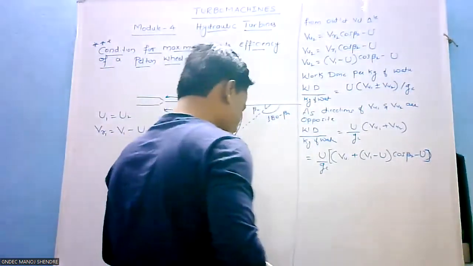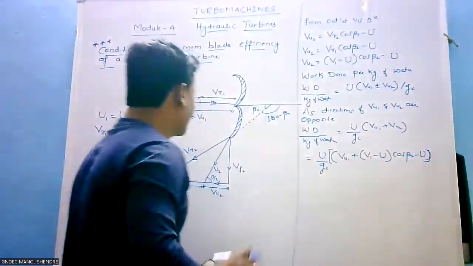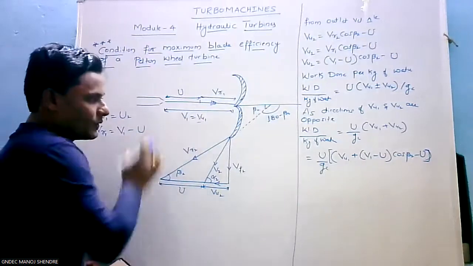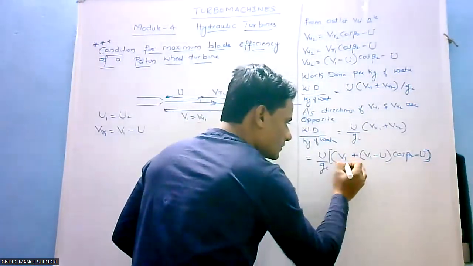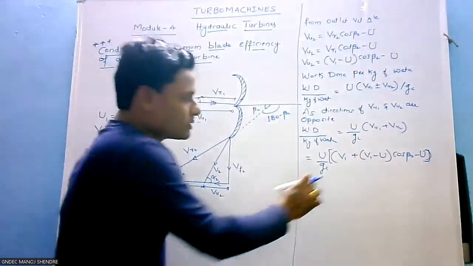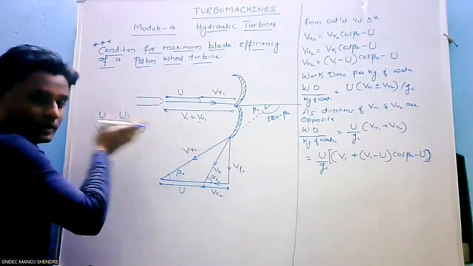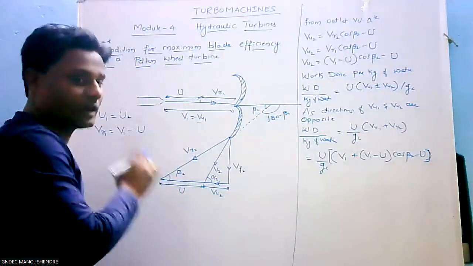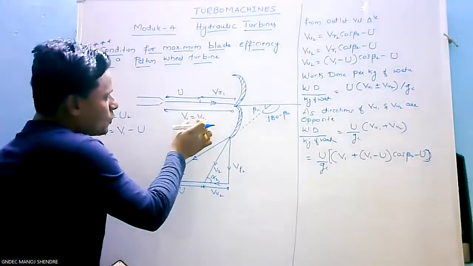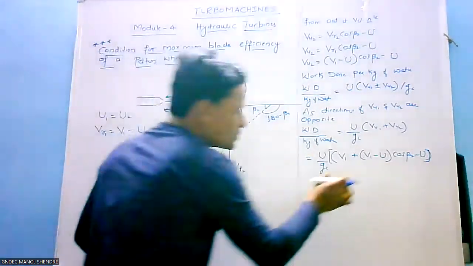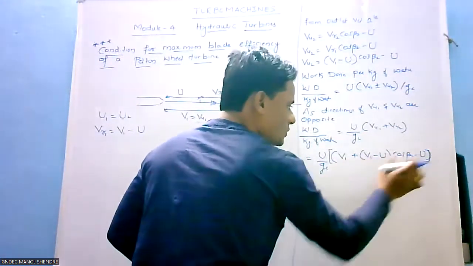Next, in this, VU1 equals V1. So let me write directly here. No confusion. Already we have VU1 here, but from the inlet velocity diagram, not triangle, inlet velocity diagram, VU1 equals V1. So V1 minus U here and V1 minus U here.